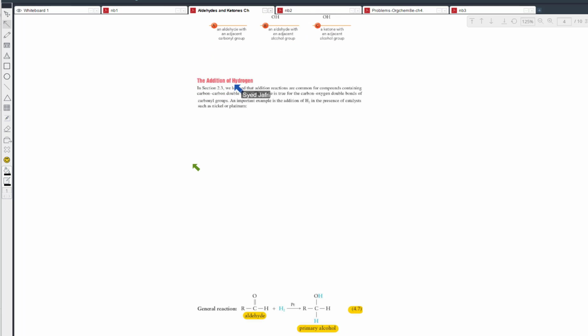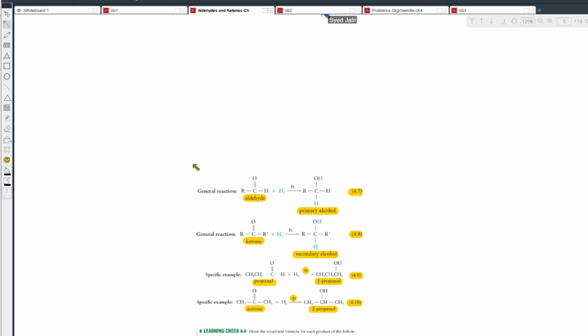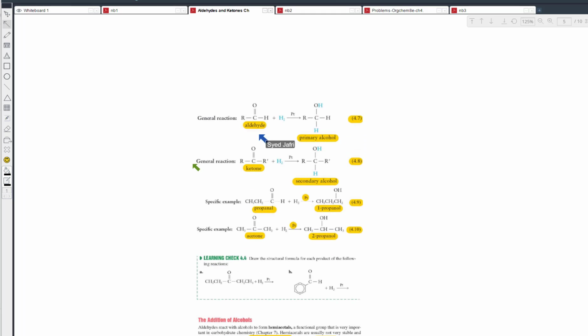This is addition of hydrogen, which is also called reduction. Just like primary alcohol changes into aldehyde and aldehyde goes to carboxylic acid, in the same way, when you add hydrogen, it will change into alcohol. So look, this is an aldehyde. You are adding hydrogen in the presence of platinum catalyst. What happened? The double bond breaks.